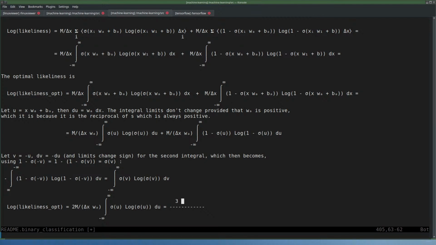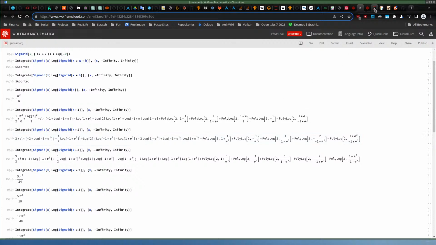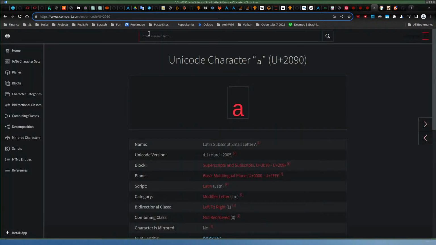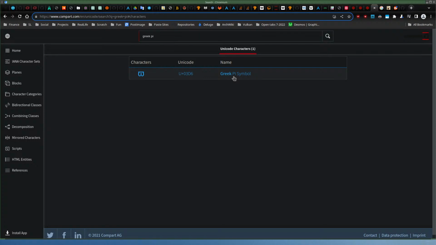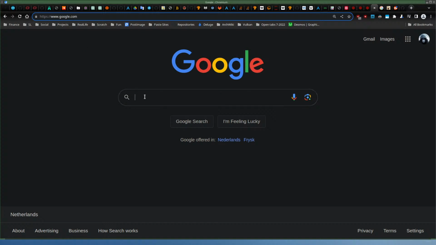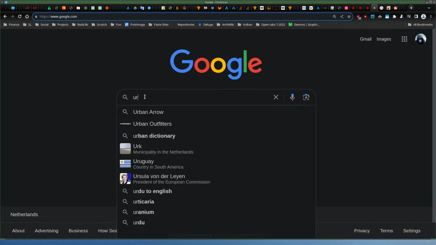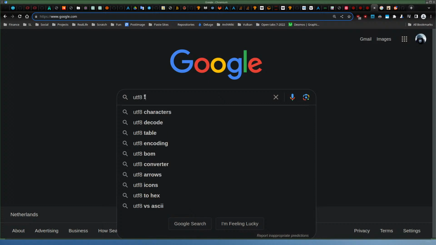Three times pi squared. Where's my pi? I had a pi. I used to have a pi. Greek pi? Is that possible? Yeah, now we got this. Greek small pi. Well, suddenly I can't find it. Seriously. How stupid can you be? UTF-8.